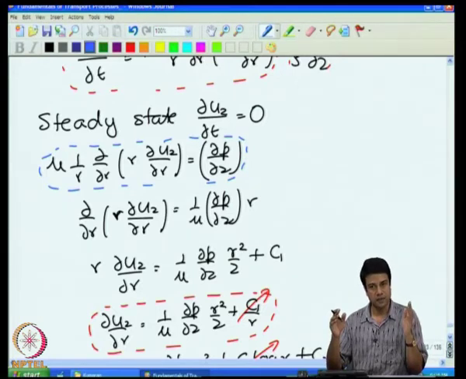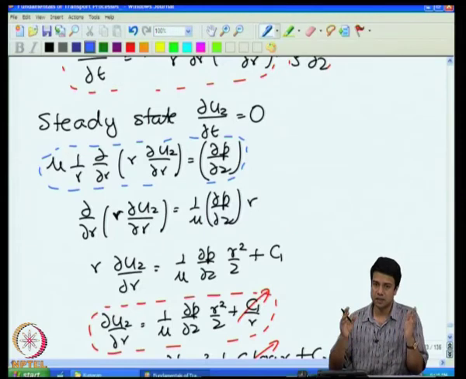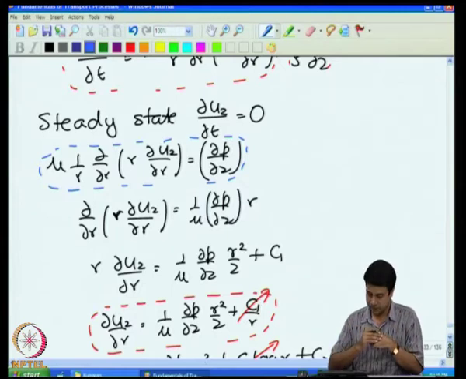In other words, the velocity profile is parabolic with the same velocity at each location. That is required because the fluid that is coming in is incompressible, so volume has to be conserved. So, u z is only a function of r, it is not a function of z for a fully developed flow.